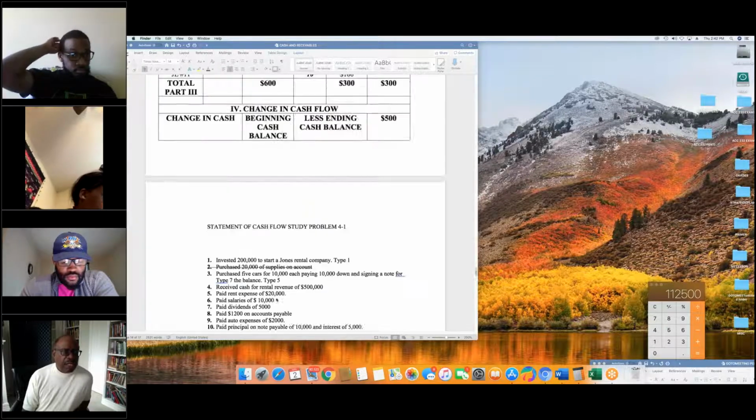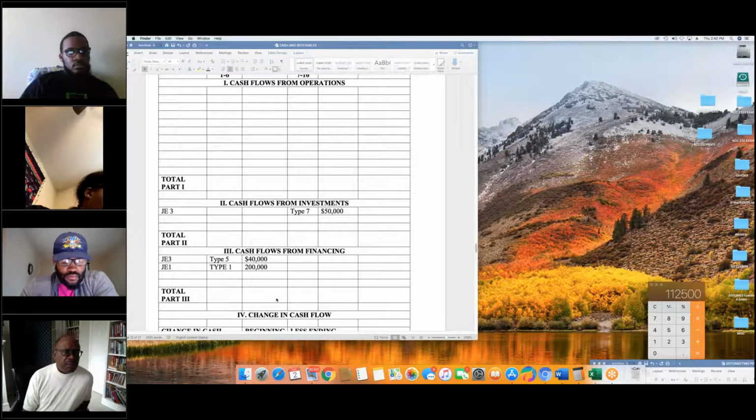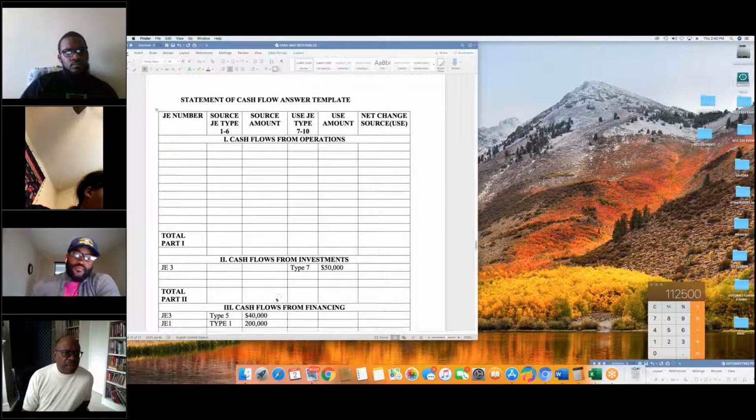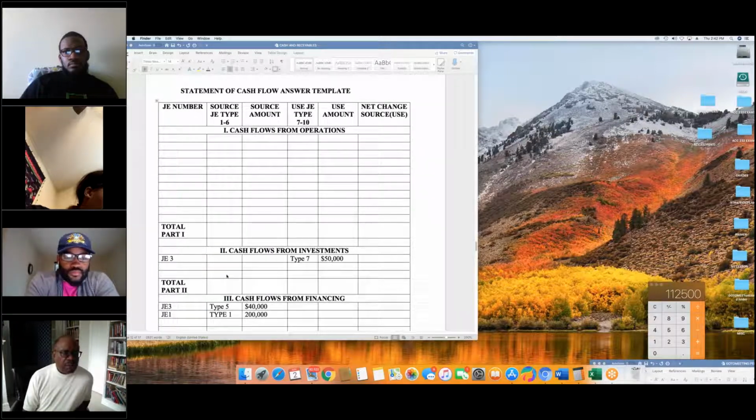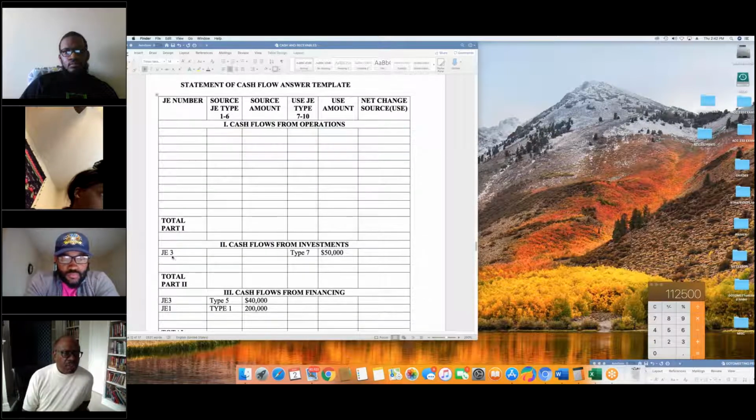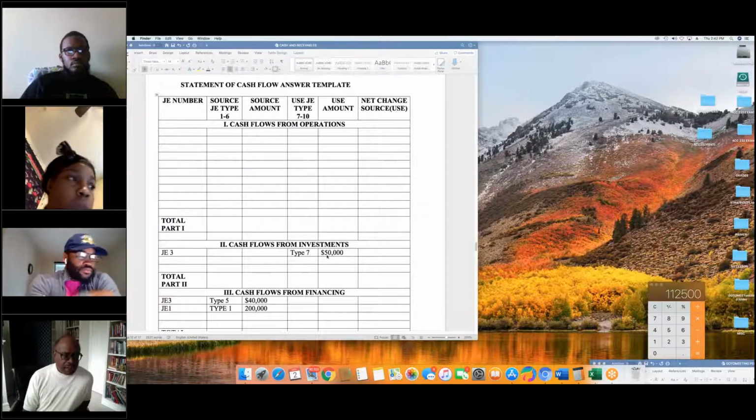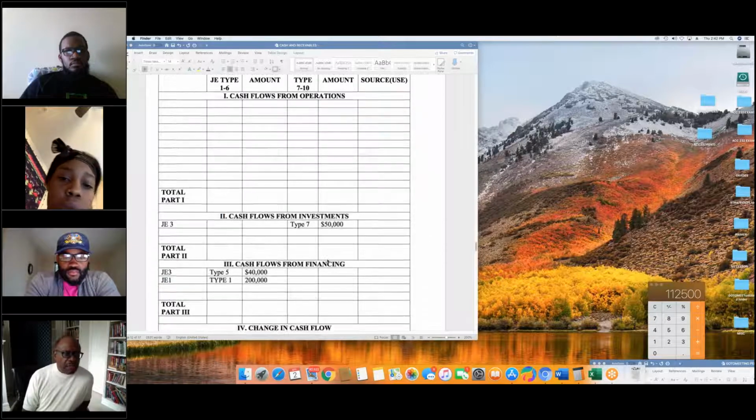So for the auto, we put journal entry 3 in as a type 7, an investment, 50,000. Then with journal entry 3 also, we come down here to part 3, type 5, and we put the 40,000 in.